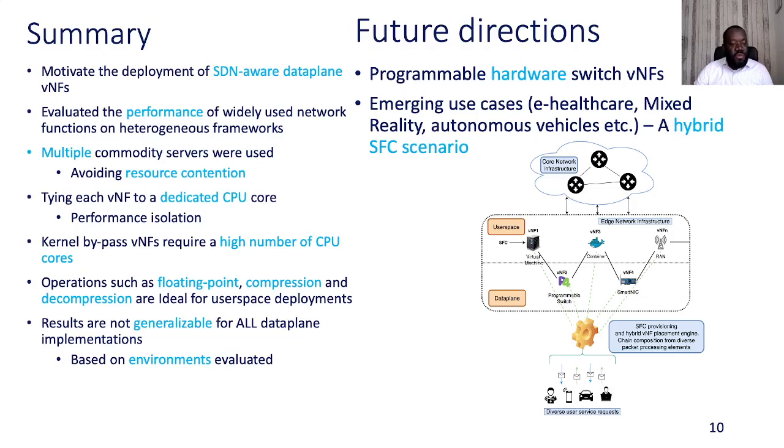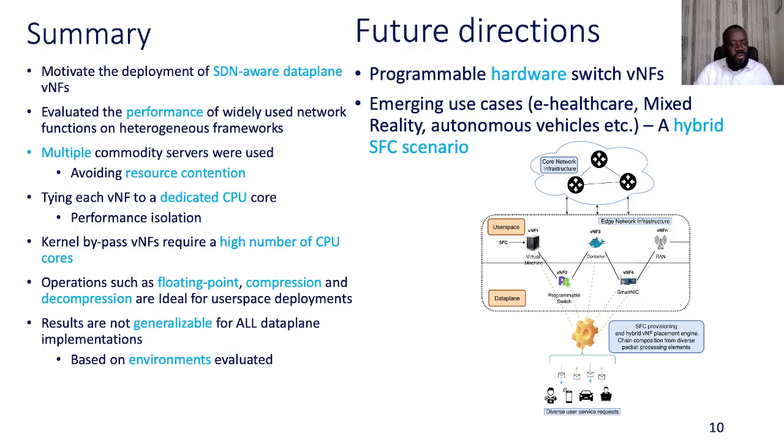We evaluated the performance of some widely used network functions, the firewall and router, using diverse packet processing elements. Then we made use of multiple commodity servers to avoid resource contention problems. Tying each VNF to a dedicated CPU core also improves its performance.